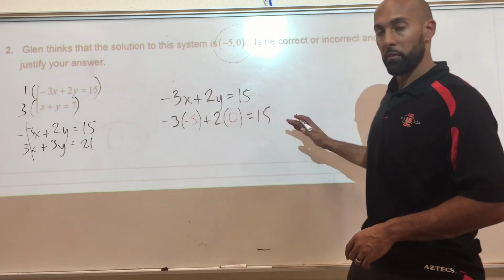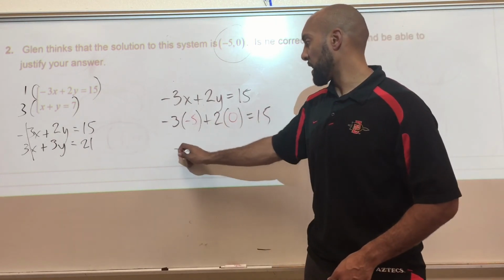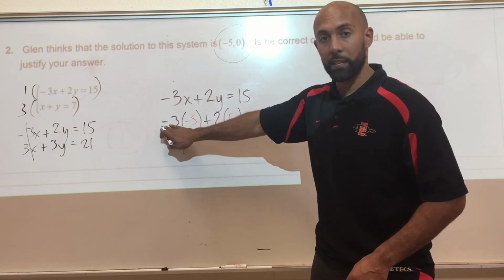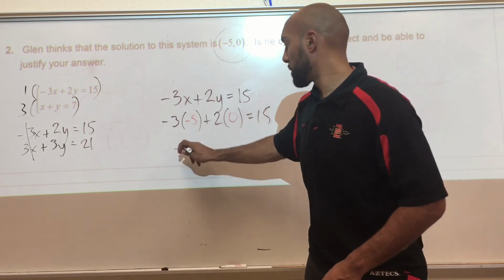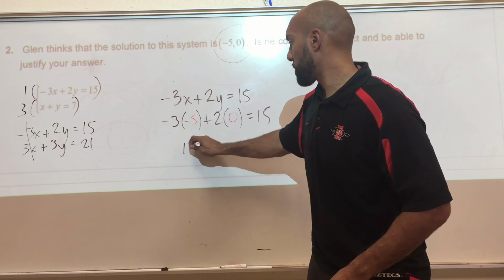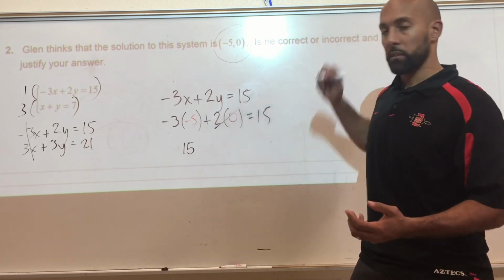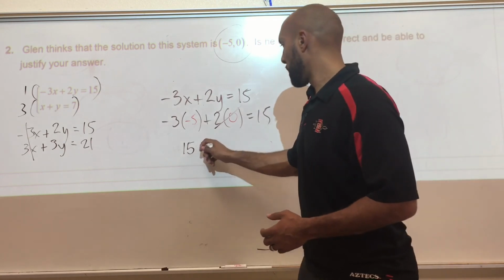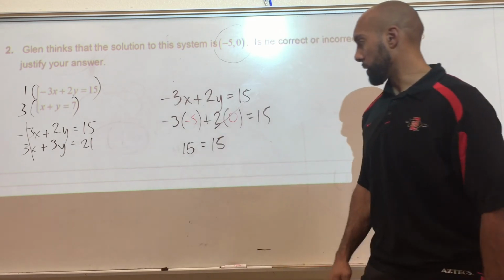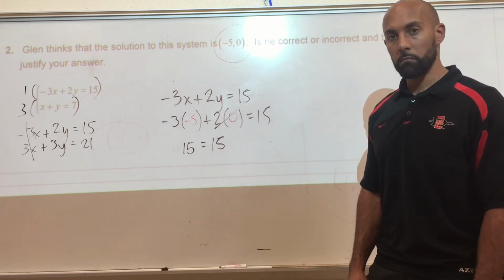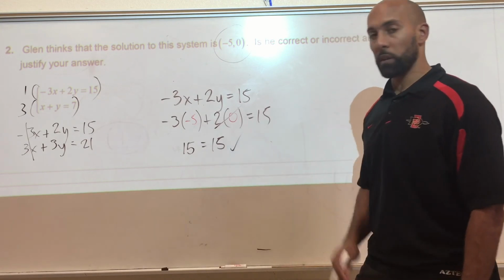So now I multiply it through. This is going to be positive 15 because it's negative times negative. 2 times 0 is just 0, so that's going to cancel out. And then I say, does 15 equal 15? Yeah.